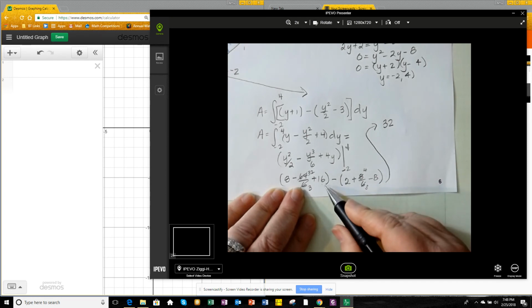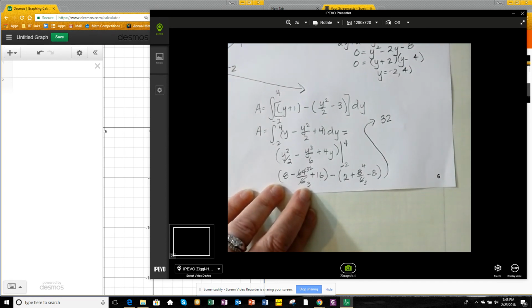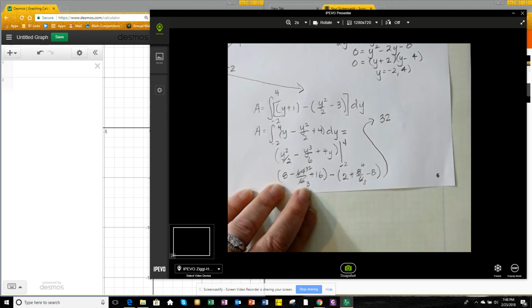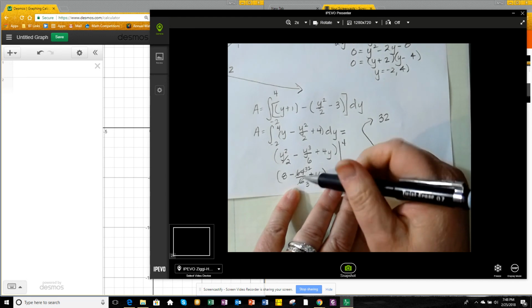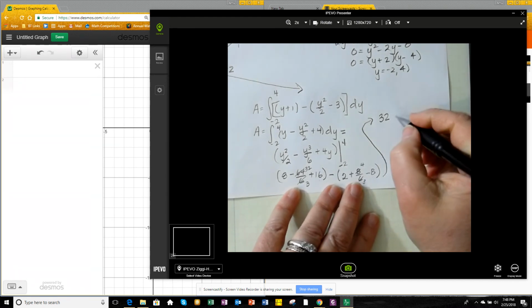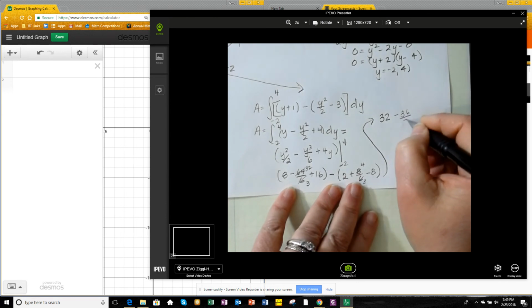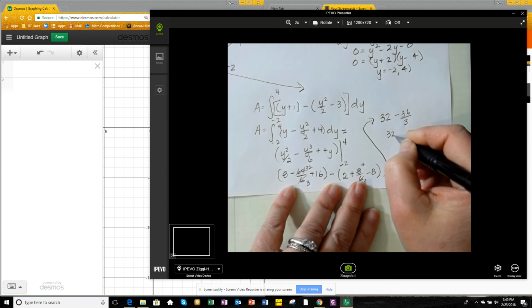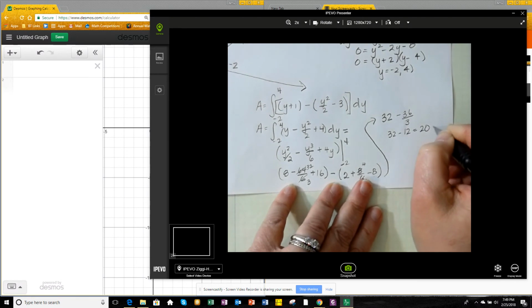So it's going to be 36 thirds, and that's 12. Right? So negative 32 thirds minus 4 thirds is a negative 36 thirds, which is 12. So this is 32 minus 12, which is 20 units squared.